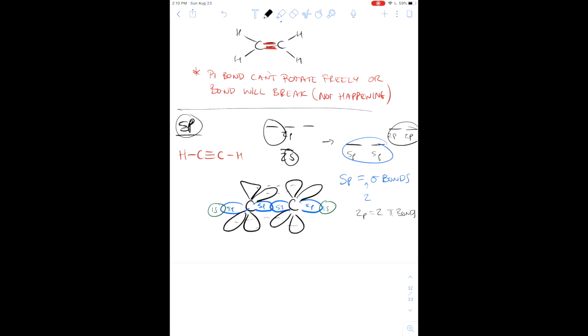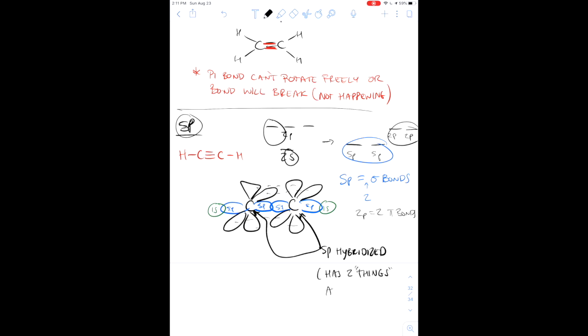We've got 2 projected up and down, parallel with one another, and then we've got 2 other ones projected in and out of the plane of this computer screen. And so those are also parallel with one another, and so that way they can overlap and form that pi bond, okay?